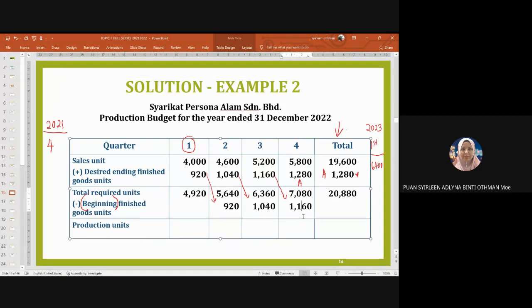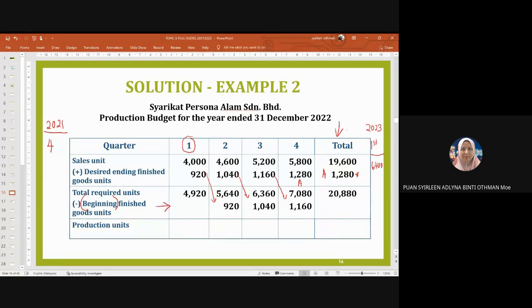Okay? Alright. Sekarang nak isi ni. Macam mana nak isi tu? Nak isi tu kenalah tahu maklumat di kuarter terakhir 2021. Okay, alright. 2021, dia punya sales ialah minus 600 from quarter 1.